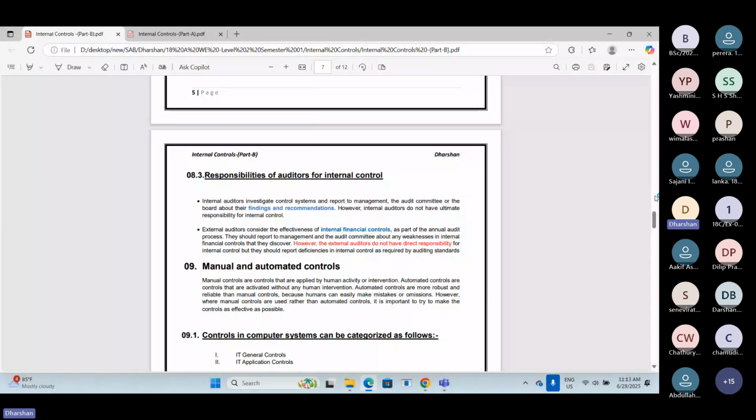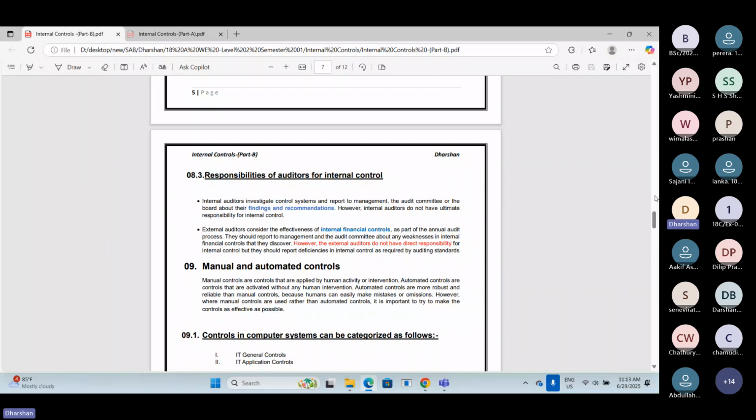Second point: when the external auditor performs audit procedures, they consider internal financial controls.